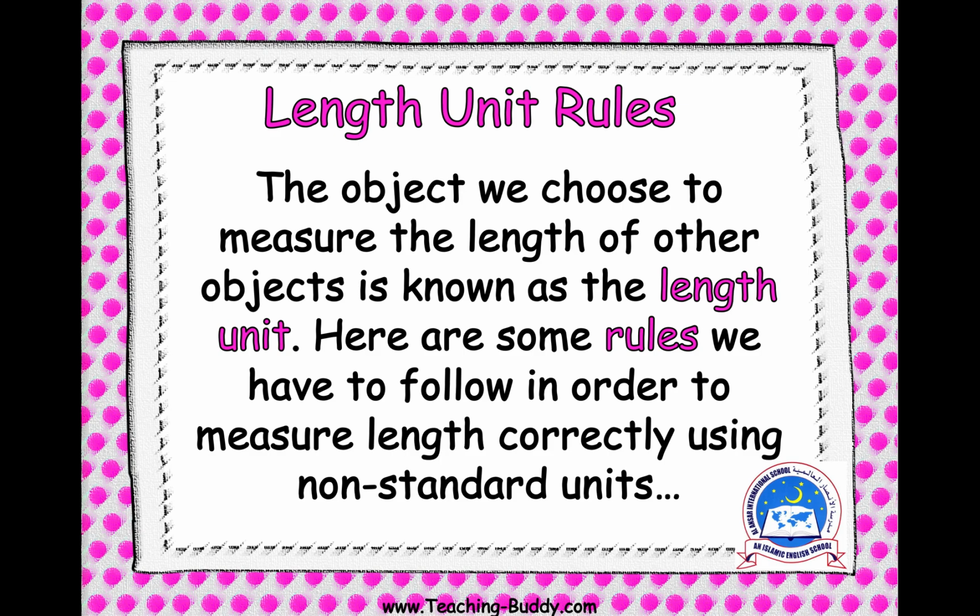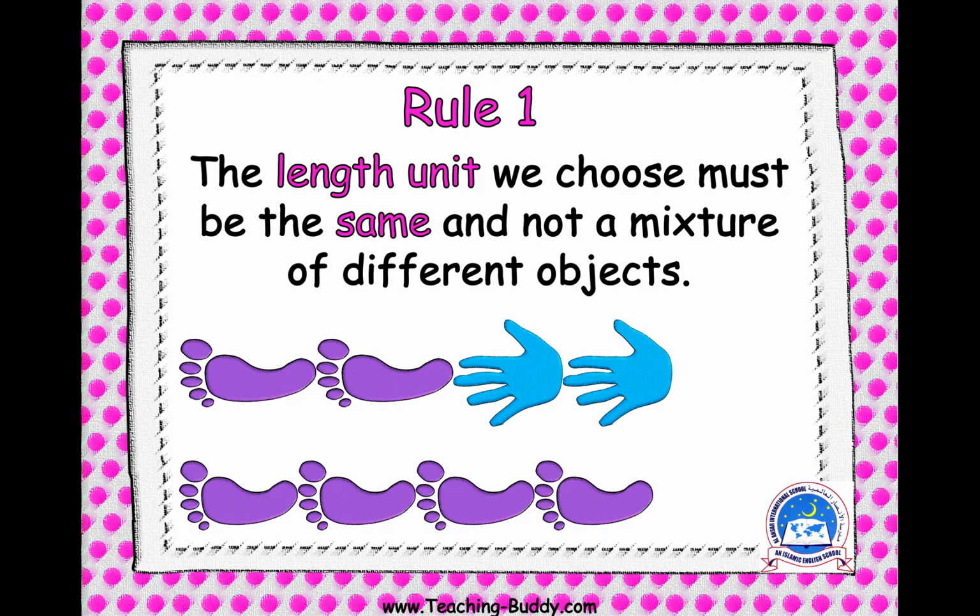Now there are some rules that we have to follow. To make sure that we get the correct measurement, we have to follow some rules. Now let me show you. Rule number one: the length unit we choose must be the same and it must not be a mixture. So we can't use hands and feet or feet and hands. We have to use only hands or only feet. Choose one thing only.